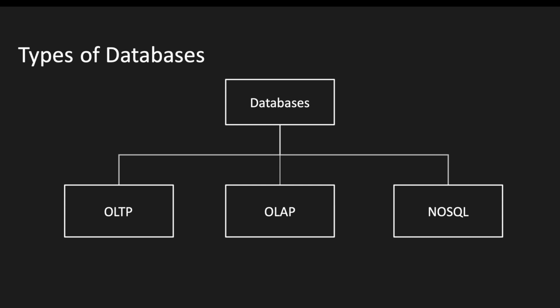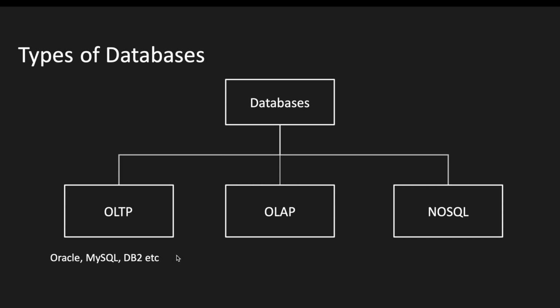OLTP systems are designed to be used by frontline workers or customer self-service applications. For example, online banking, e-commerce, travel reservation systems, etc. The examples of OLTP databases are Oracle, MySQL, DB2, etc. We all know MySQL. I'm sure you must be aware of this MySQL database.